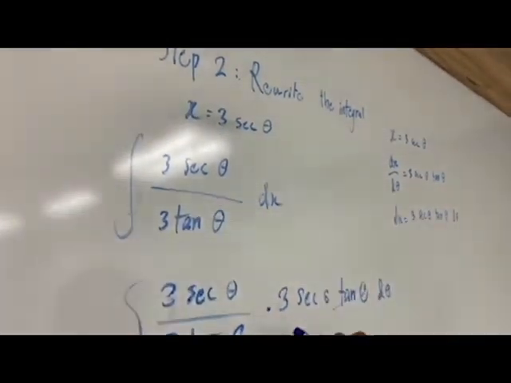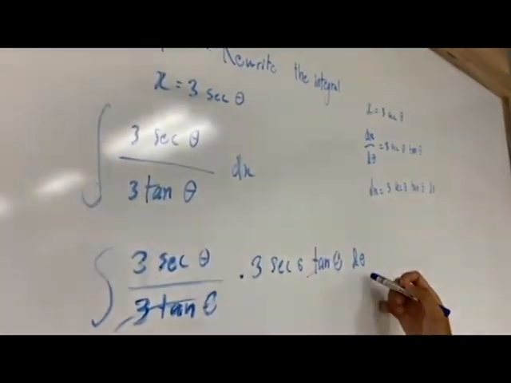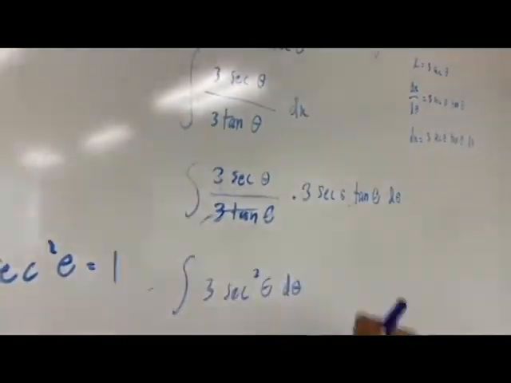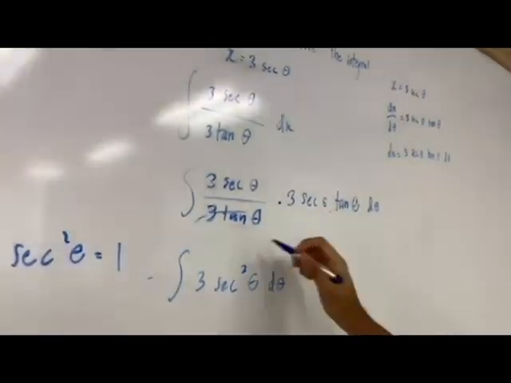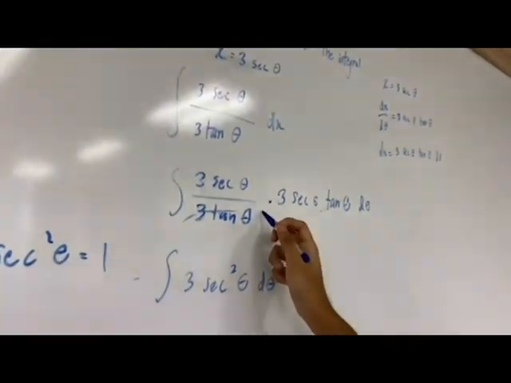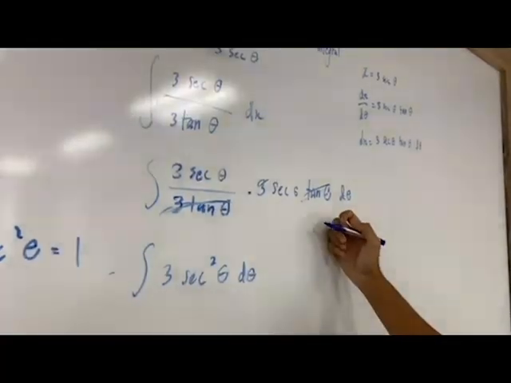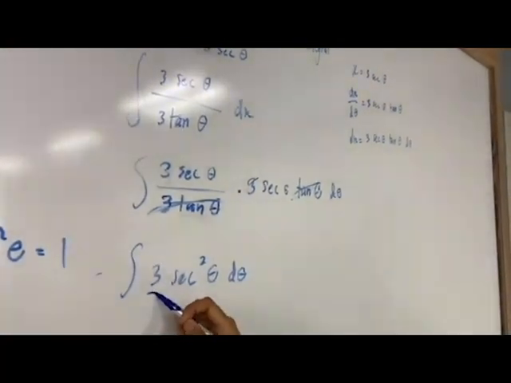Okay, so substitute it. So we will get 3 secant theta tangent theta d theta multiplied by 3 secant theta over 3 tangent theta. Now we can simplify the whole thing by crossing out 3 tangent theta. Basically 3 times 3 over 3, we will get 3 here.